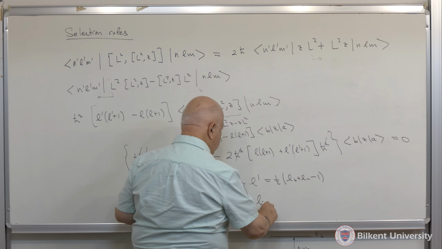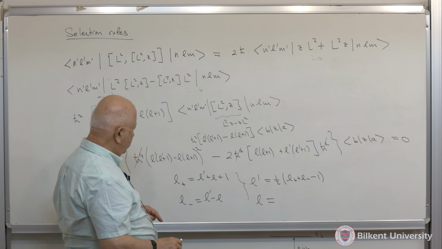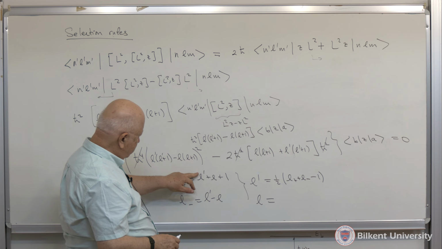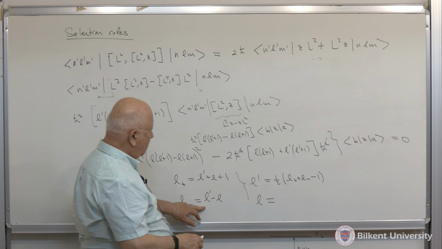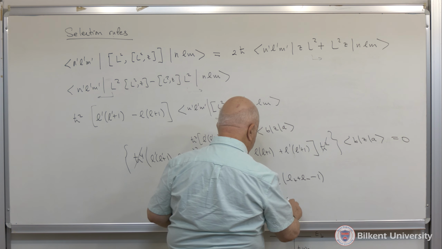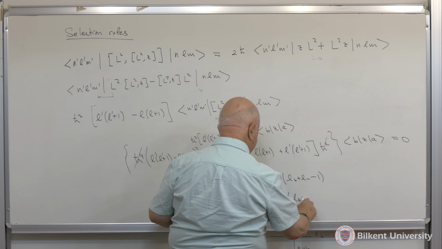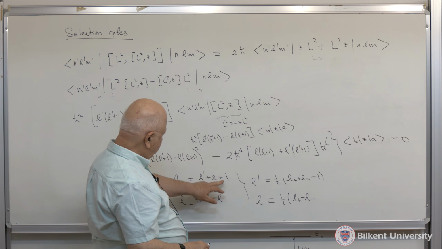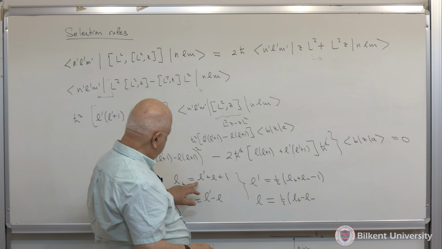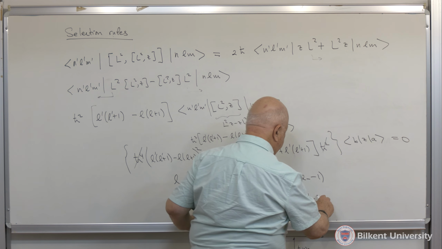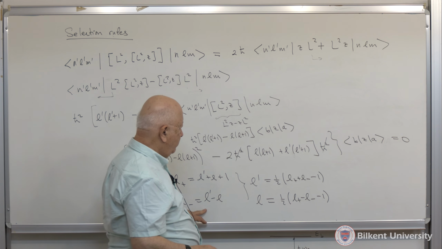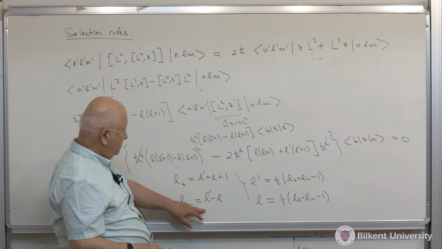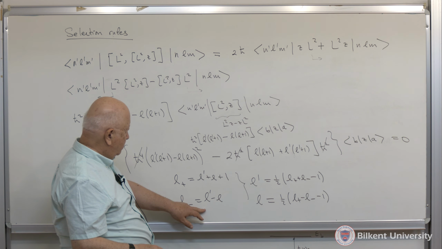And l is the other way around. I have to subtract this from that, right? So I'm going to get 1 over 2 of L plus minus L minus. But I still have a 1, right? So I still have to subtract 1 and divide by 2. So you can check these things are correct.